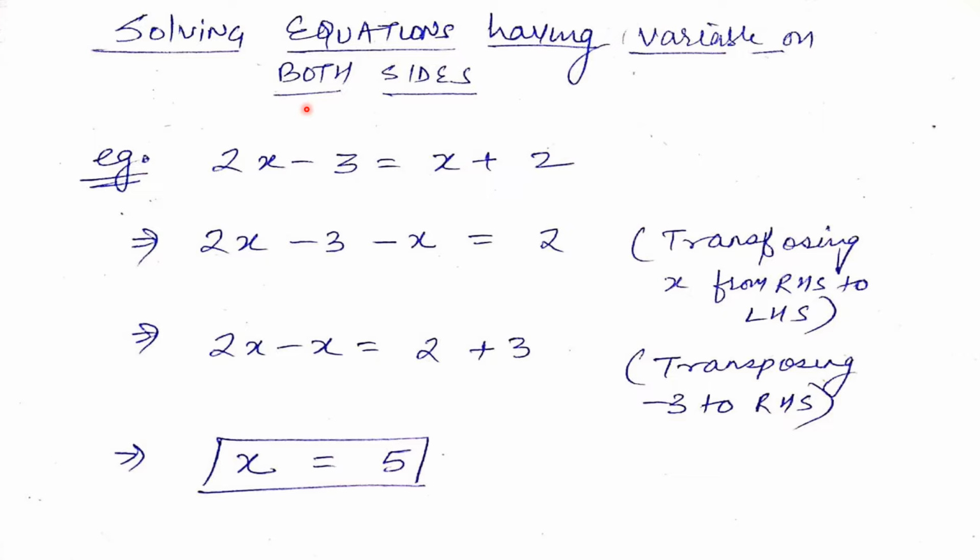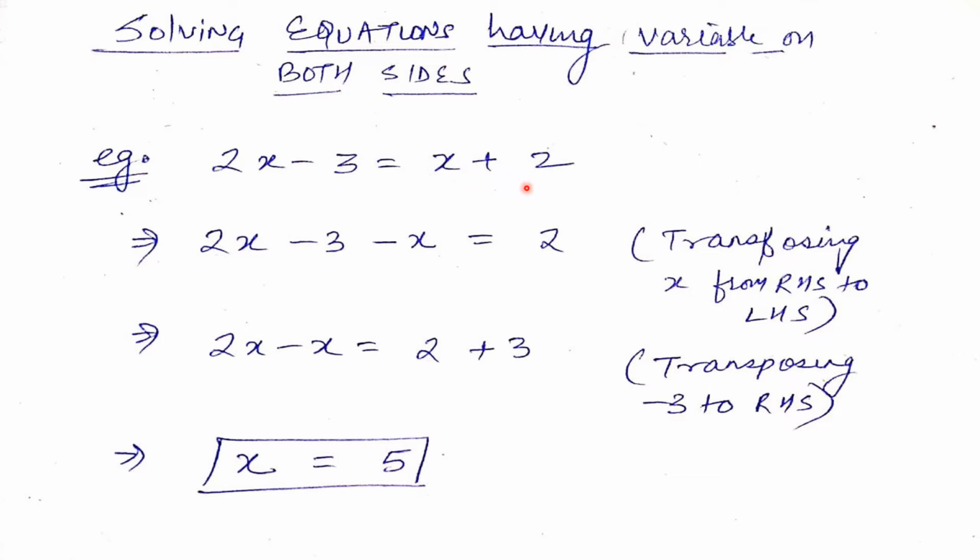In this case, we will see the variable on both the sides. You can see I have shown with an example this one, 2x minus 3 equal to x plus 2. Now, we will learn how to solve such equations.